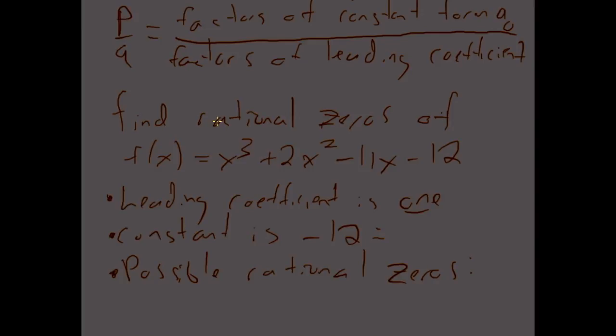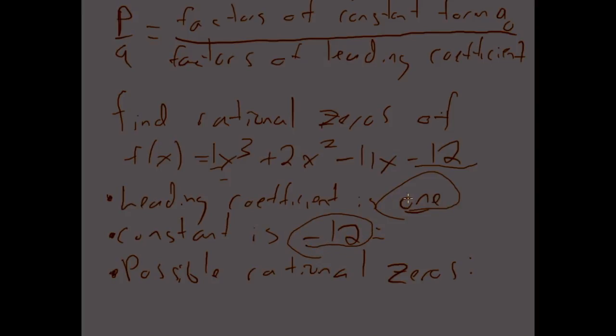All right, so find rational zeros of f of x equals x cubed plus 2x squared minus 11x minus 12. So what is our leading coefficient? It is this imaginary 1 right there. And then what is our constant? It is negative 12.